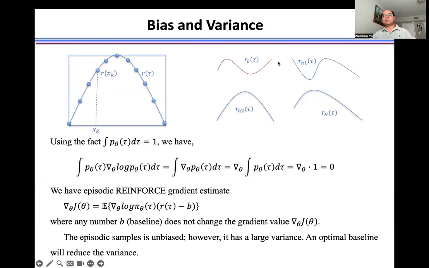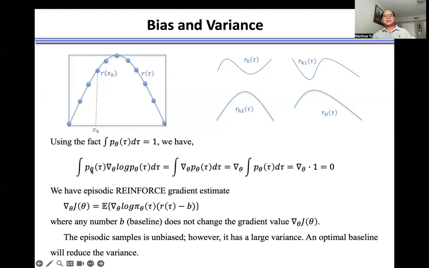We have so many examples, and each example has a different variance. That's why later we calculate the baseline for each example, to make sure that for the expectation we have a minimum variance for all the examples in the training data set.